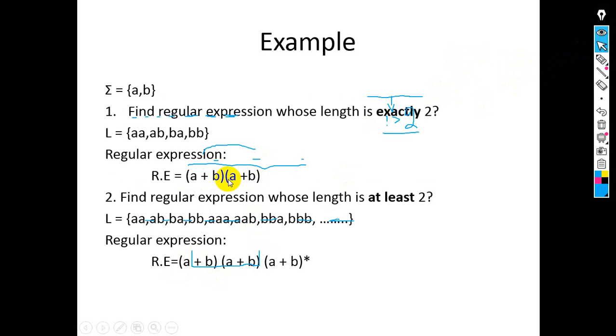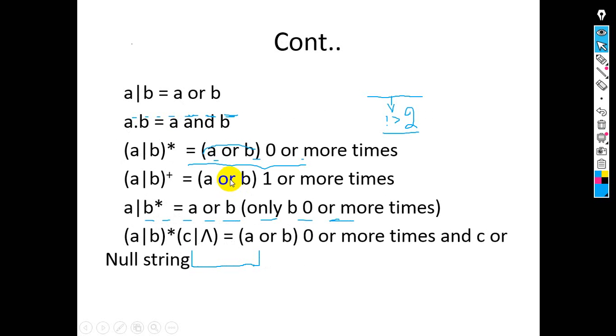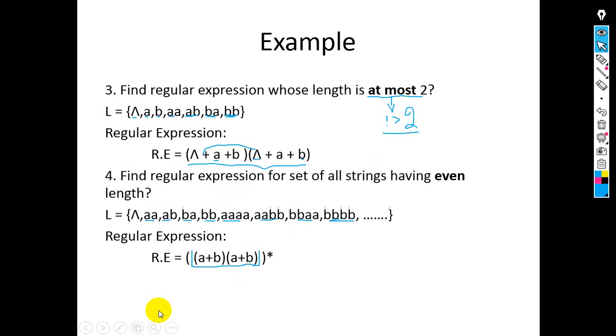Now let me use the same procedure. Here I have taken a+b, which is length 2, and 2 is an even number. For the remaining even lengths, I put an asterisk over this.